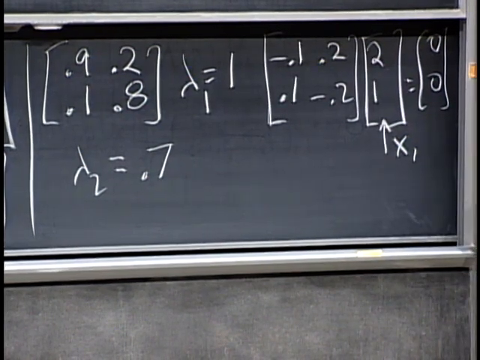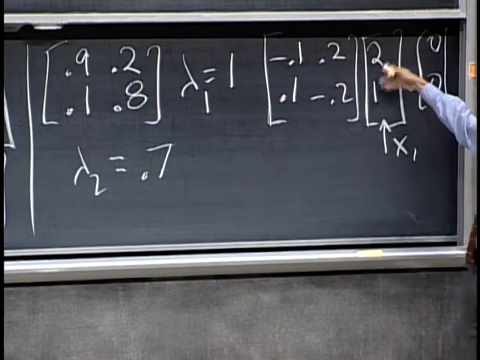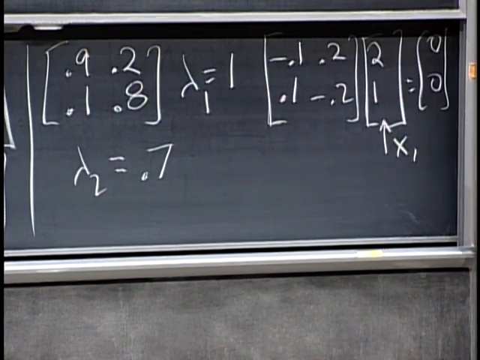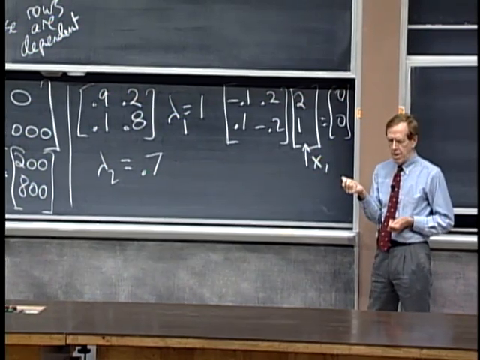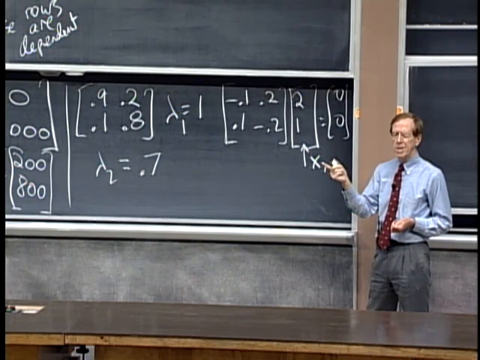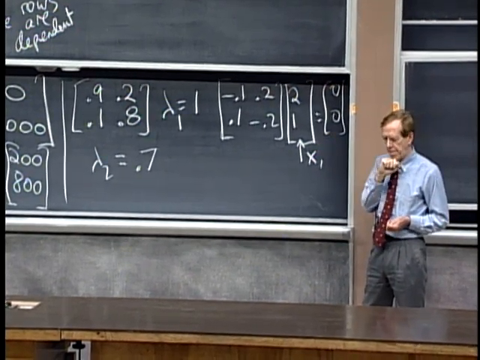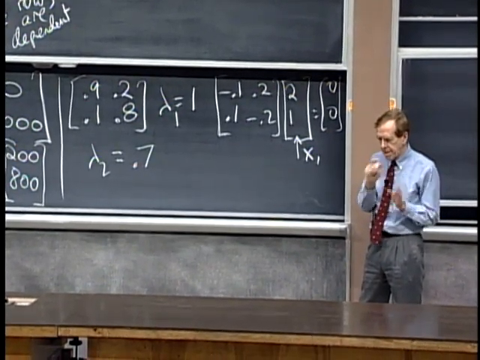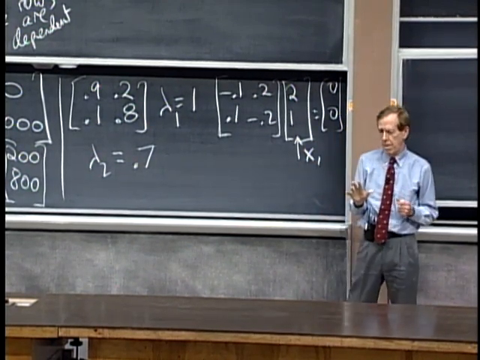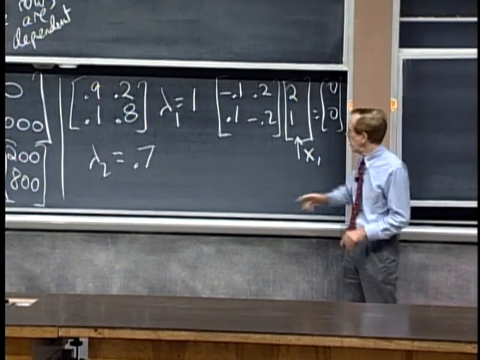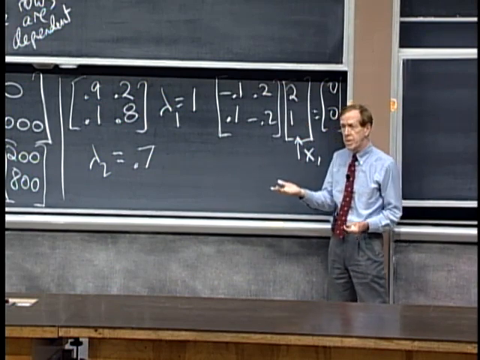Notice that that eigenvector is positive. And actually, we can jump to infinity right now. What's the population at infinity? This eigenvector is giving the steady state. It's some multiple of this, and how is that multiple decided?